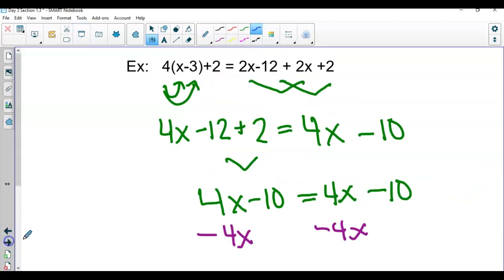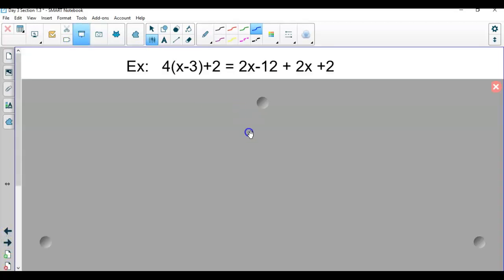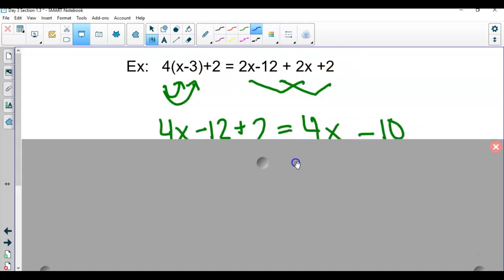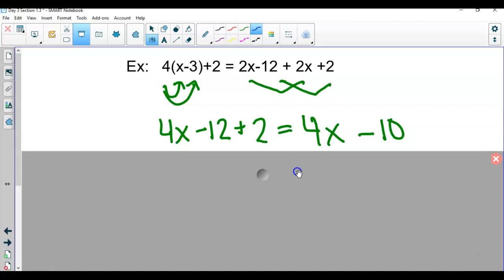Okay, and finally, one other unique situation that does happen. When I have 4 times the quantity of x minus 3 plus 2 equals 2x minus 12 plus 2x plus 2. Again, I distributed and combined like terms over here to get 4x minus 12 plus 2 is equal to 4x minus 10. I then combine my like terms over here on the left side.